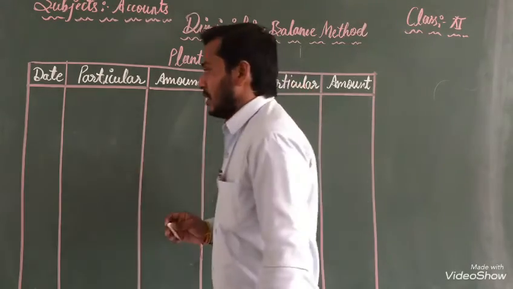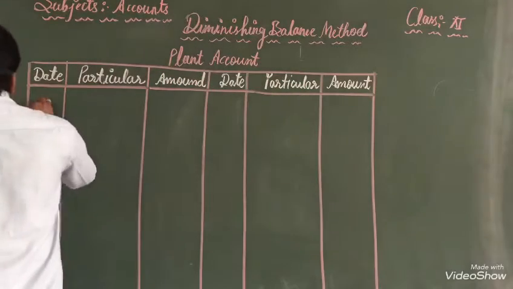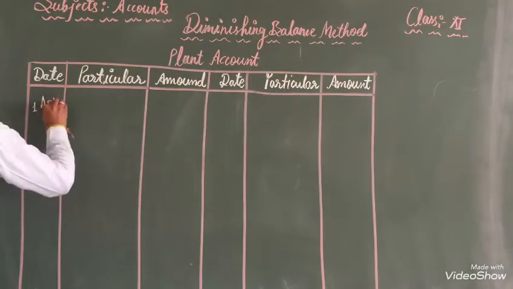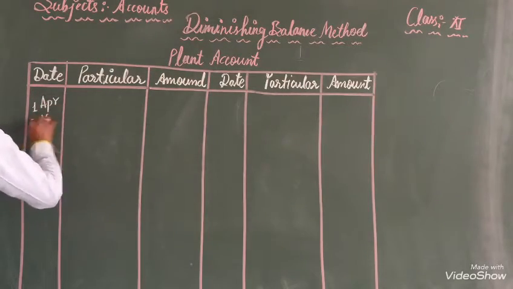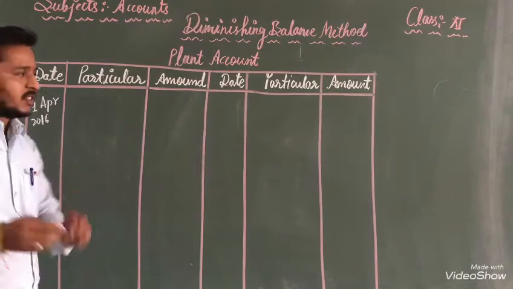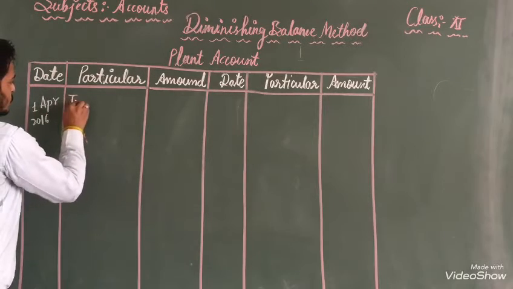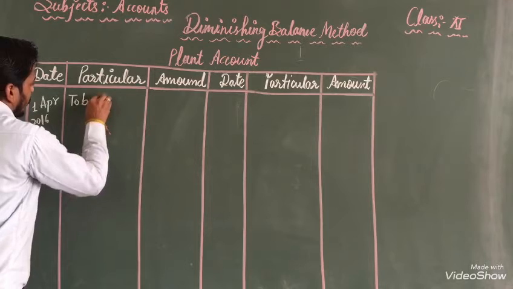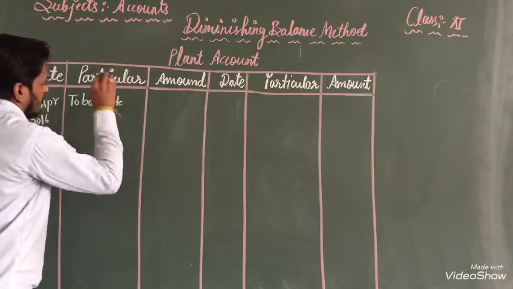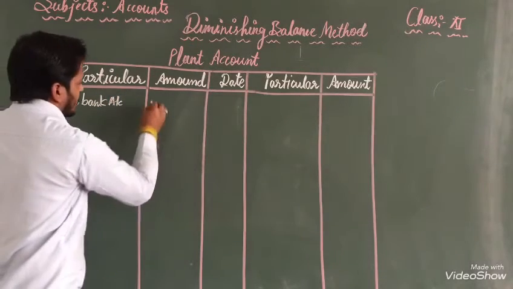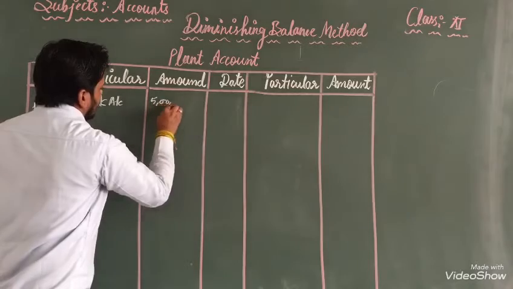Once again listen, suppose on 1st April 2016, I purchased one machine through the bank account. I purchased the machine at a cost of 5 lakh.